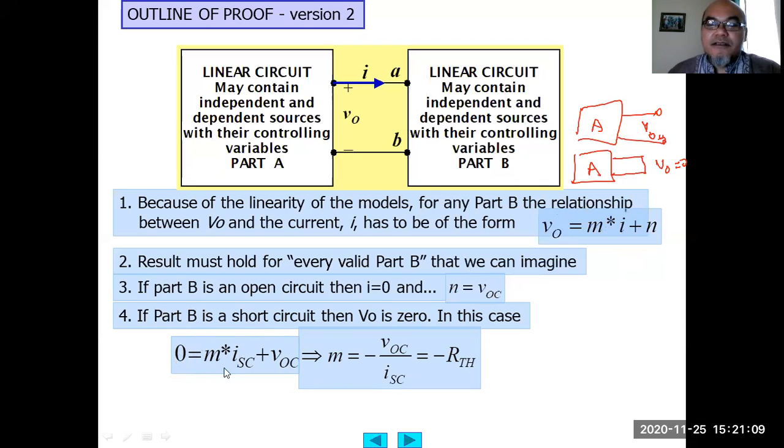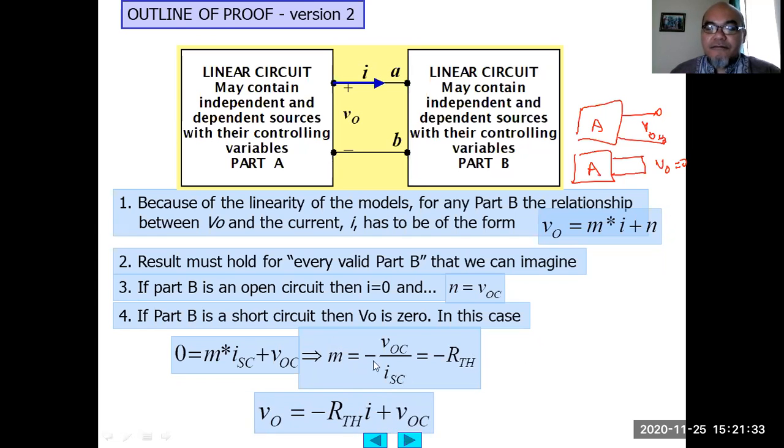So 0 equals M times I short circuit plus V open circuit, and M equals negative VOC divided by ISC. So M here is the negative of the Thevenin equivalent resistance.